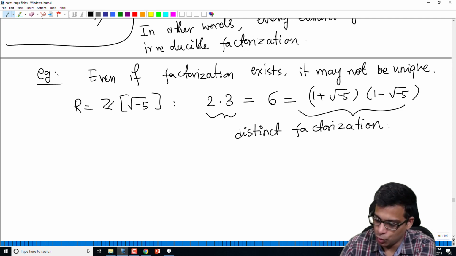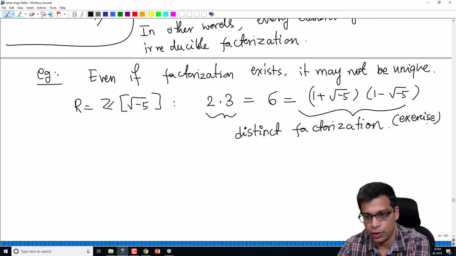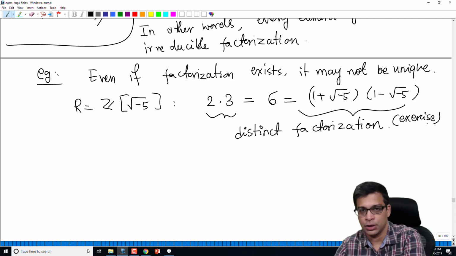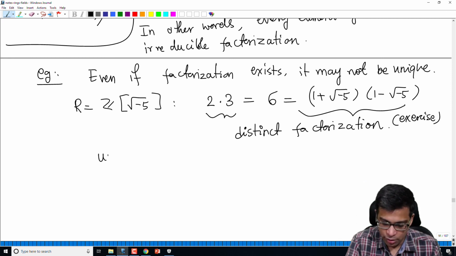So what you have to do is this: 2 and 3 are irreducible, and 1 plus square root of minus 5 and 1 minus square root of minus 5 are irreducible. So these are both irreducible factorizations, but 2 is not an associate of either of them. This is something that came up earlier, and this can be proved by proving this fact.